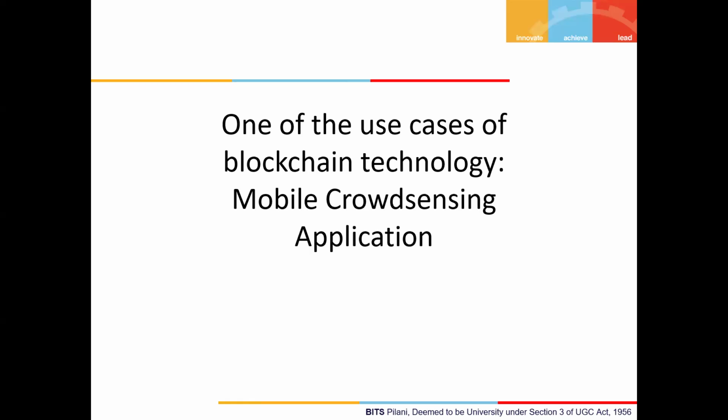Crowd means we are utilizing normal people to collect the data. And sensing means they must have some kind of sensors in order to collect the required data. So mobile crowd sensing is a paradigm where we utilize normal people's devices in order to collect the sensing data, right?